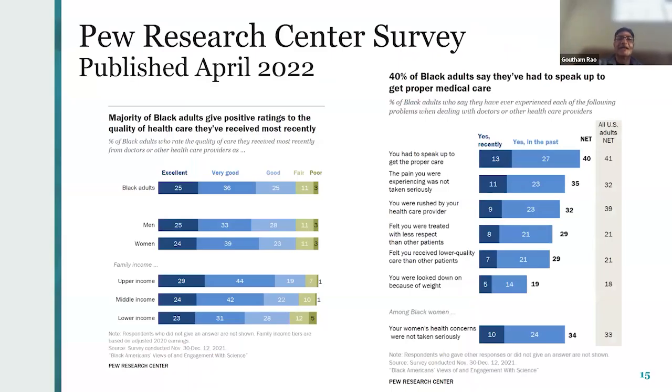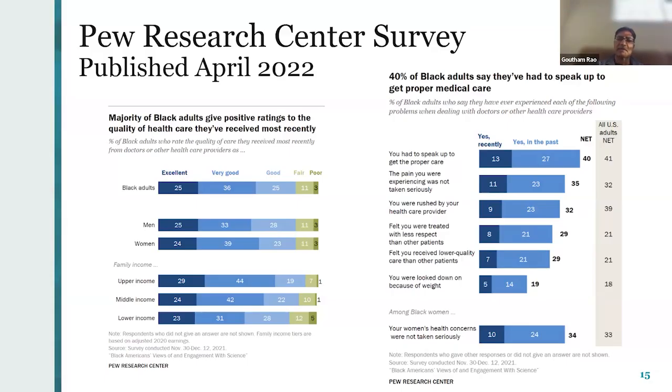Next slide. So let's talk about satisfaction and care and speaking up, and why this happens and how we implement patient-driven quality of care. A lot of our Medicaid patients in Ohio are Black adults, African Americans.